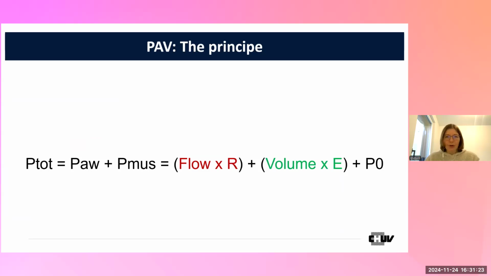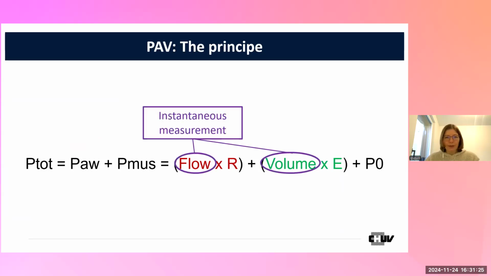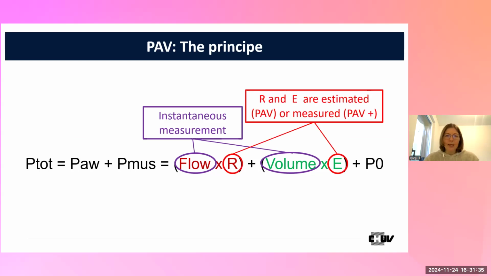How does it work in more detail? First, the system measures flow and volume instantaneously in the airways using the ventilator. Second, resistance and elastance are either estimated in PAV or measured with short inspiratory occlusions with PAV+, which is the more evolved or advanced system of PAV.